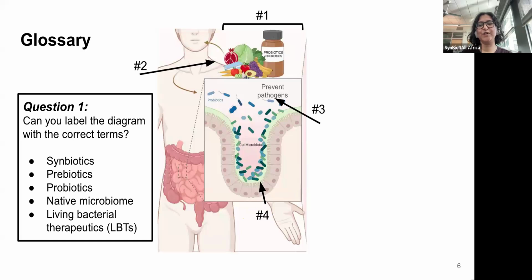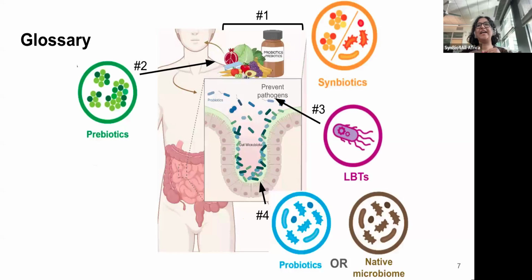Cool. So let's get into the actual labeling. I saw someone label number one as symbiotics, which is actually the correct answer because it combines both the prebiotics, which is number two, and the probiotics, which is also in your gut.